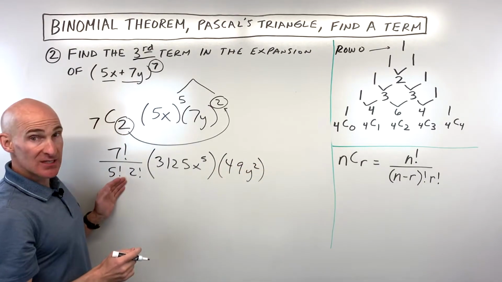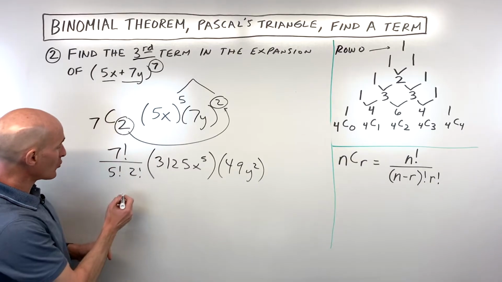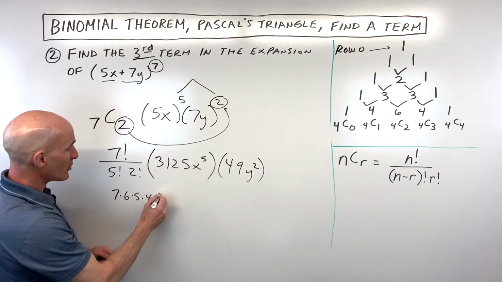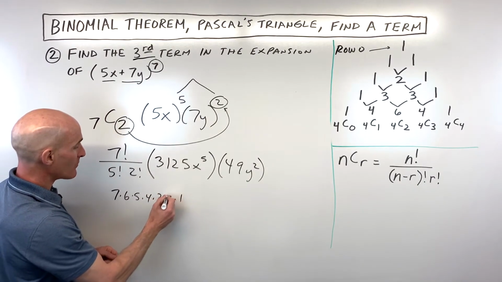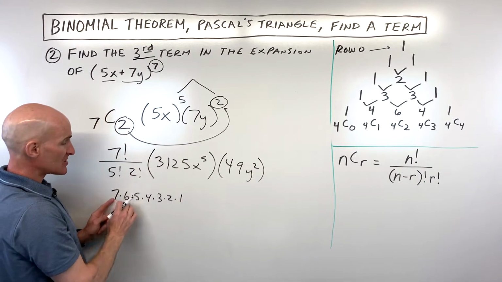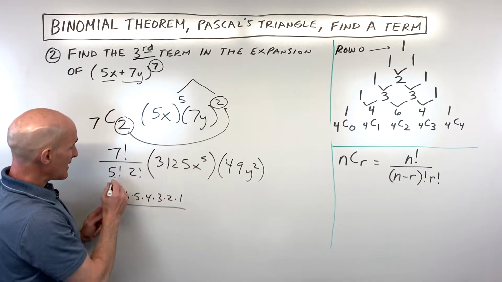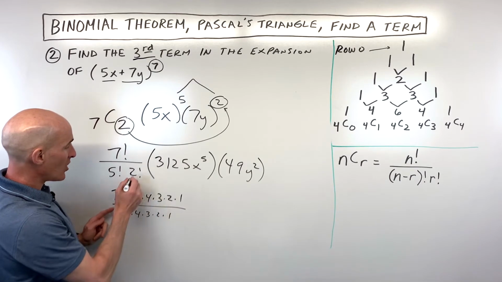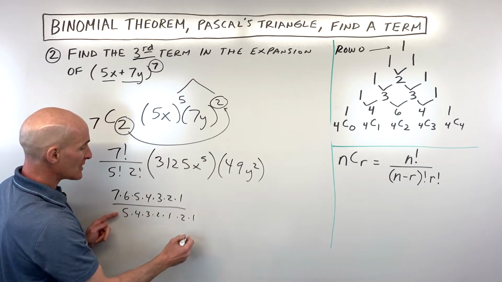Okay, so continuing to simplify down here now, 7 factorial represents 7 times 6 times 5 times 4 times 3 times 2 times 1. Remember, the factorial tells you start at this number, you multiply down to 1. Same thing with 5 factorial, that's 5 times 4 times 3 times 2 times 1, and 2 factorial is 2 times 1.